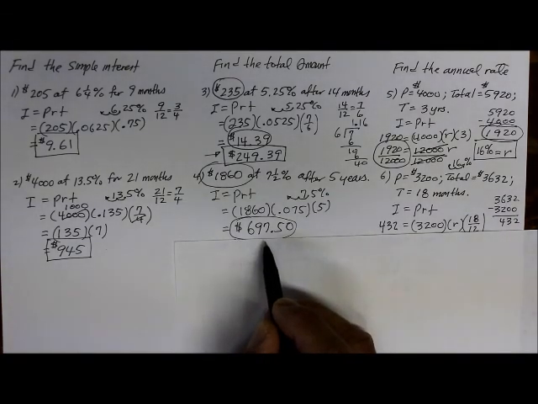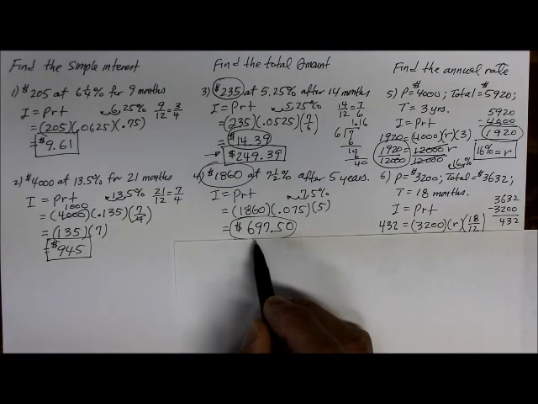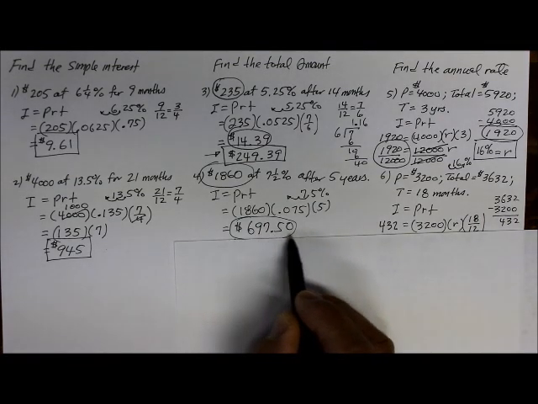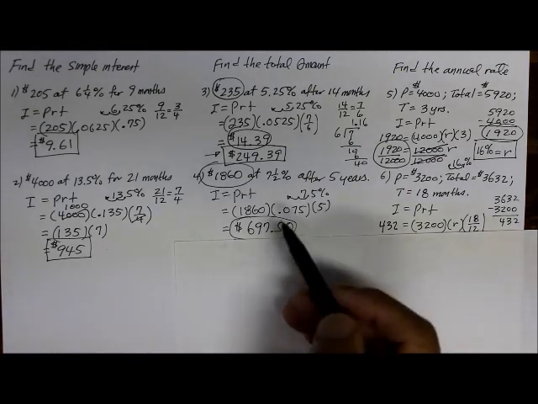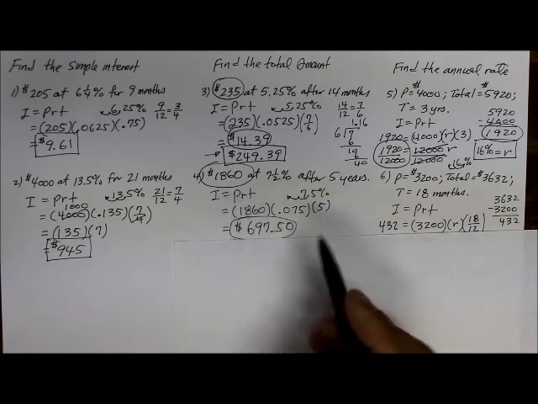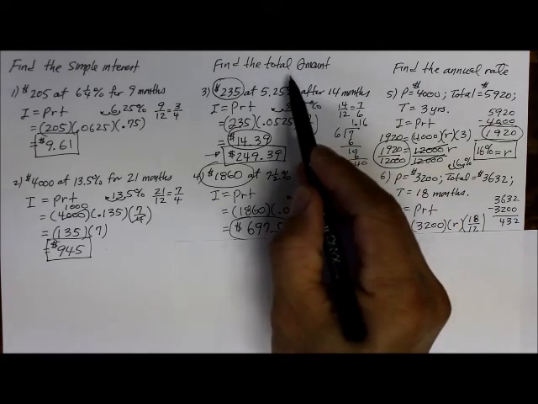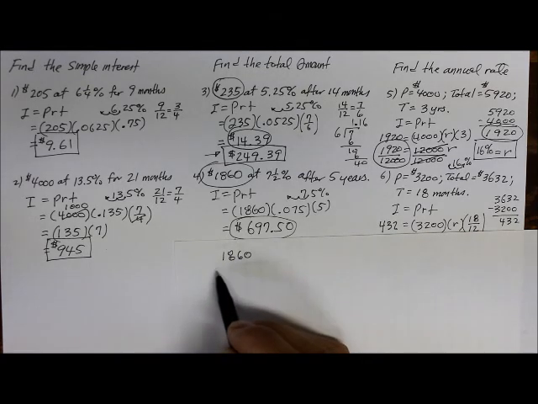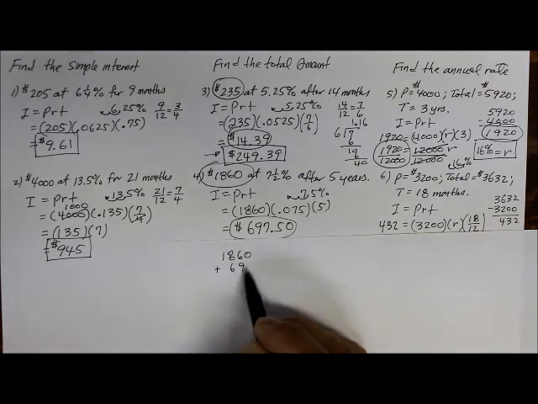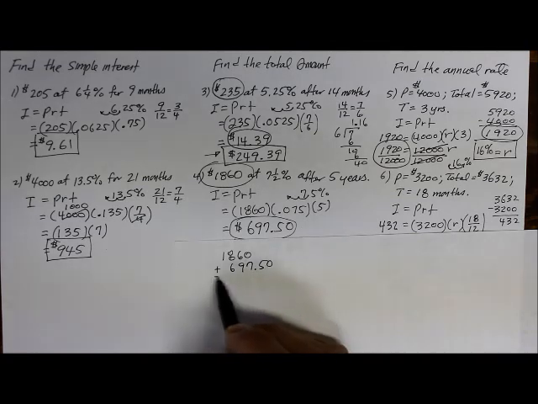So it turns out the interest is $697.50. So what do you do with that interest that you've earned after 5 years? Well, you add it together with the original principal to get the current total amount. So that was 1860 plus the $697.50.